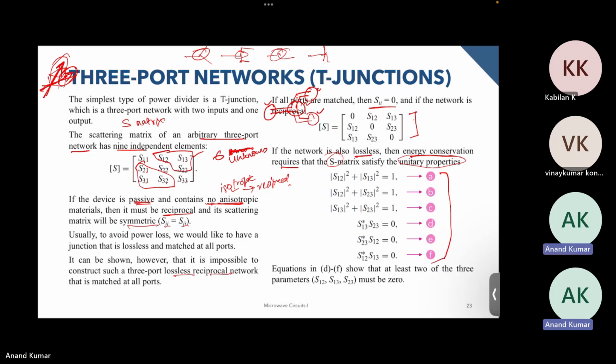Now, equations D to F. These three equations show that at least two of the three parameters S12, S13, and S23 must be zero, because the products of their conjugates are equal to zero. This implies that at least two of them are equal to zero.